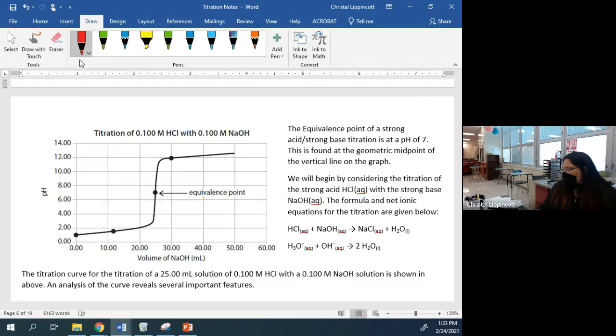If you know the pH of that, then you know the pH at the half equivalence point equals what? pH at half EQ equals what? The pKa. And if you know the pKa, you can easily get to the Ka, because 10 to the negative pKa gives you Ka.